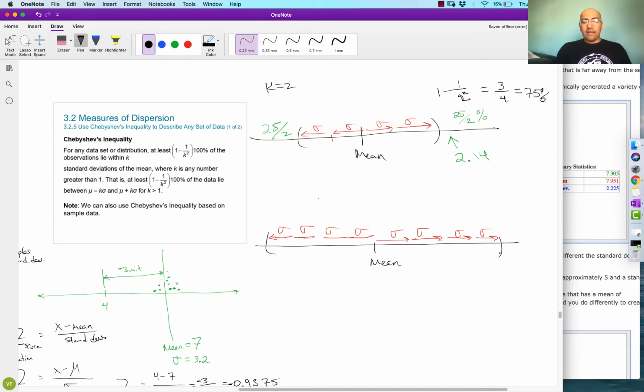How much data of everyone that takes this score do we expect will be within 4 standard deviations, regardless of the distribution?